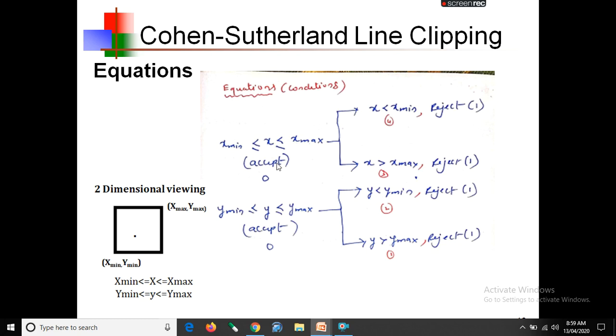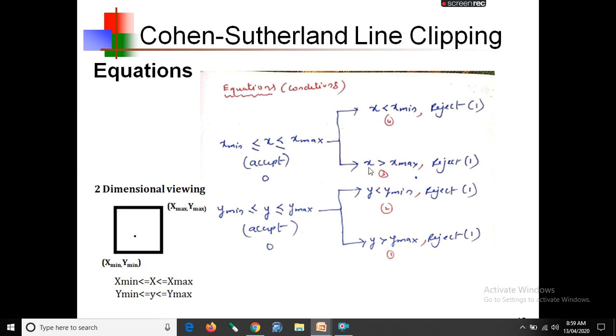So as per the program, we are assuming it is 0. If it is 0, we need to accept. If this x value is less than x minimum, then we need to reject that particular point. If the x value of that point is less than x minimum, it is out of range, meaning the point's position is not inside the clipping window, so we need to reject.